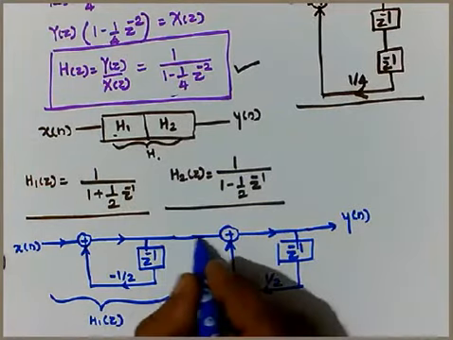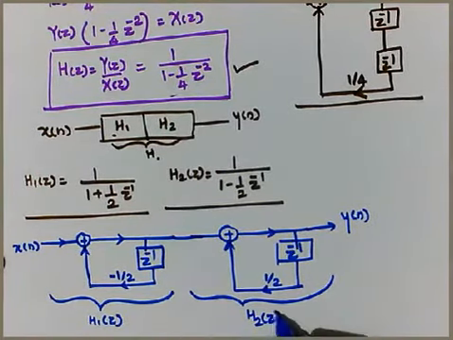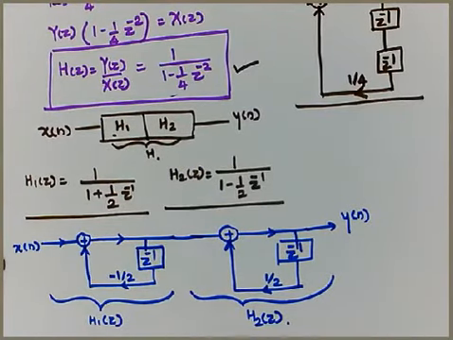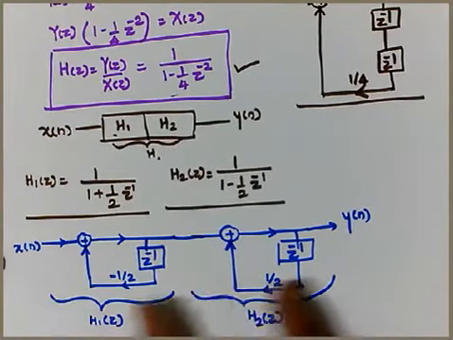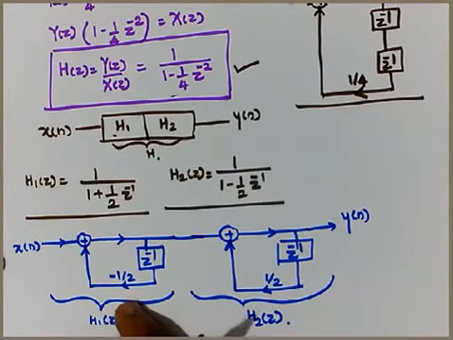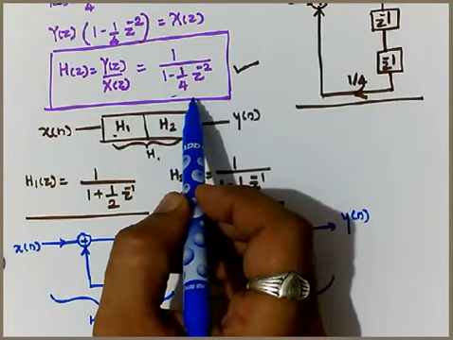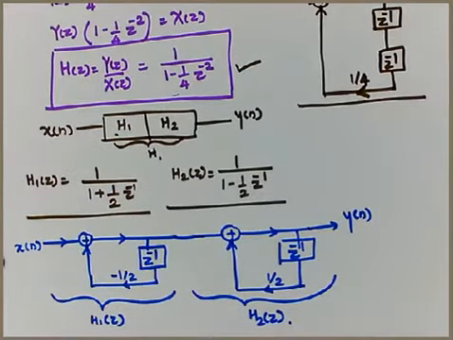Now these two have to be joined. This is for h2 of z. This is how the cascading of two realizations will result in the resultant, that is h of z is equal to 1 upon 1 minus 1 by 4 z raised to minus 2.